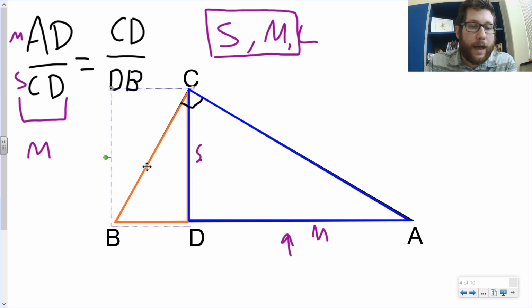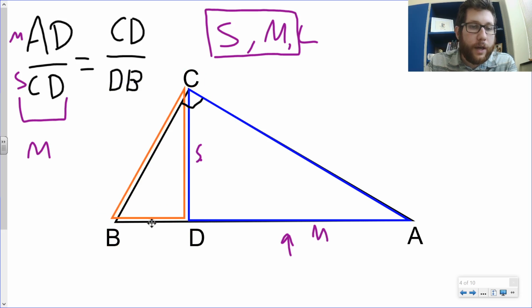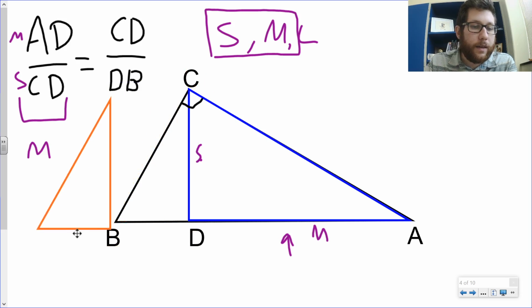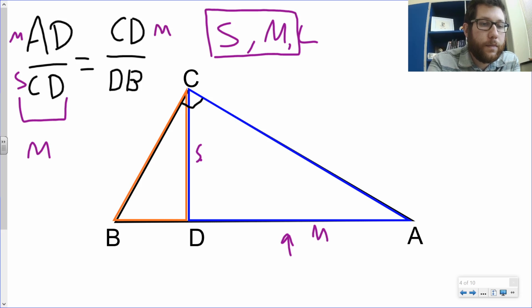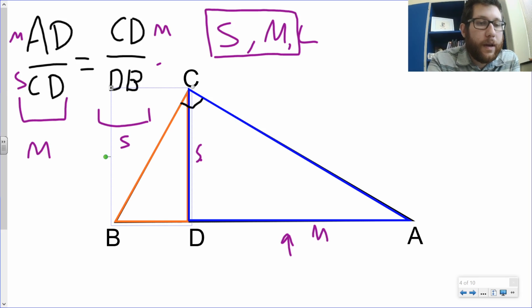Now, notice what we have going on here. So I've got this small triangle here, right? Here's my small triangle. CD is the medium side of my small triangle. Okay, and that's my small triangle, the medium side of my small triangle over the smallest side of my small triangle. Okay, so medium over small, medium over small.